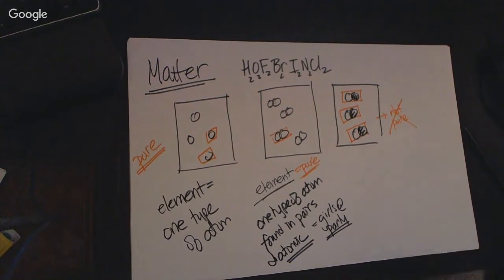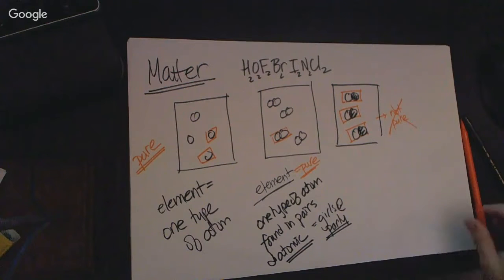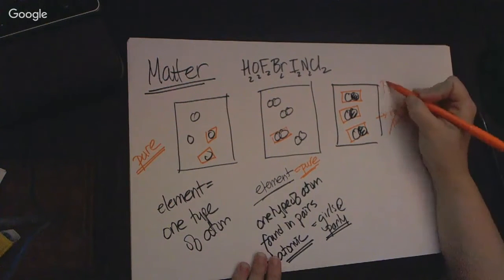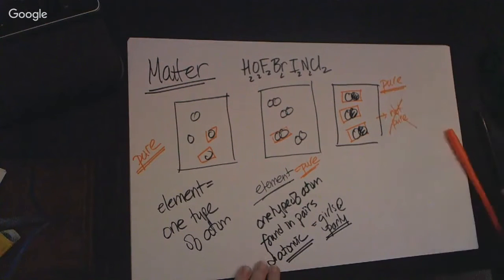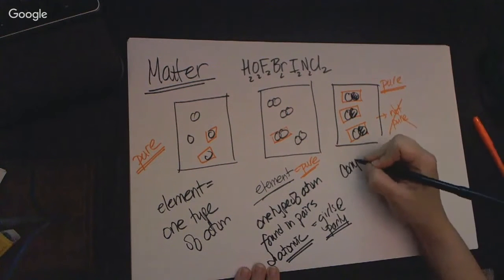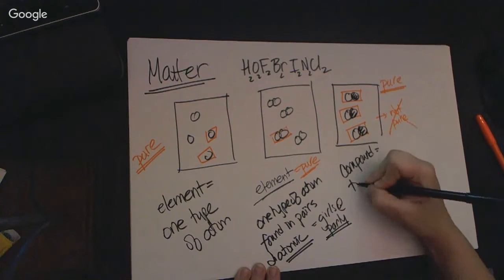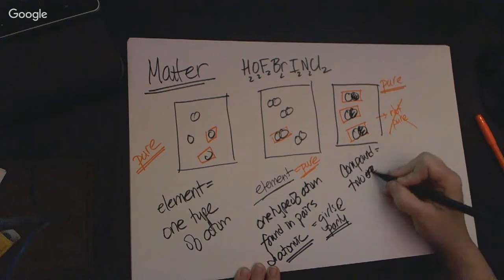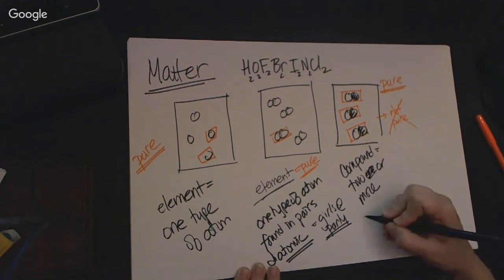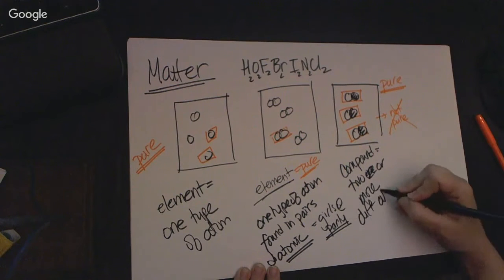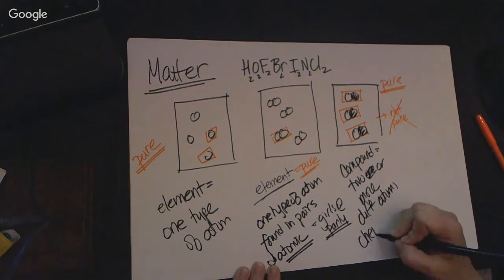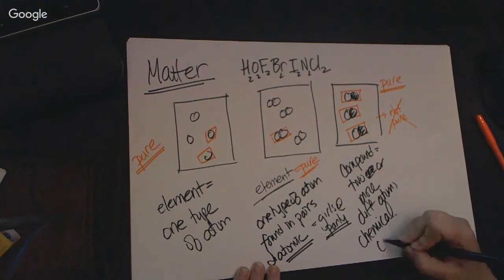Here, there is only one type of particle. If I reach into this diagram, the only thing I will pull out is white bonded to black, which makes this still pure. This is what we would call a compound. And a compound is two or more different atoms that have chemically combined into a chemical compound.